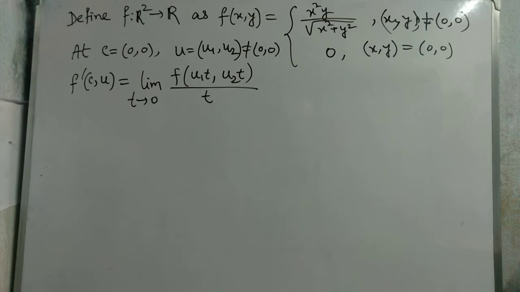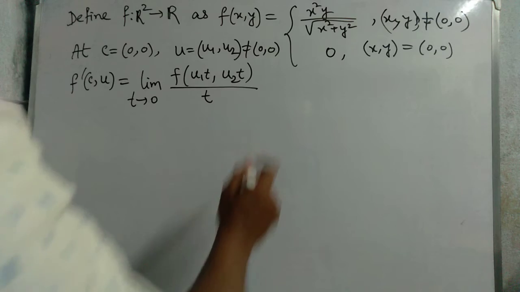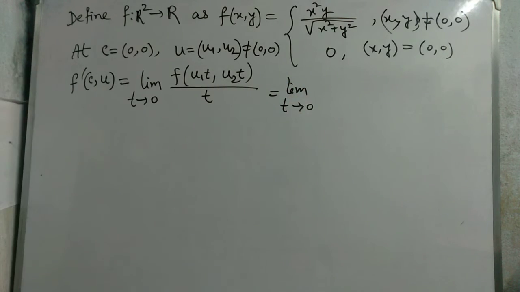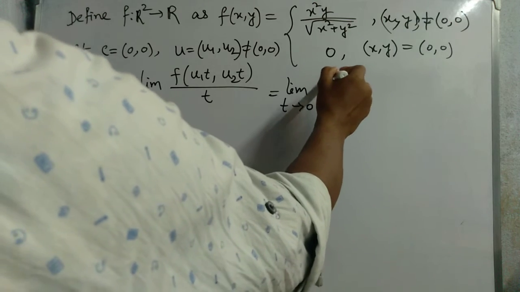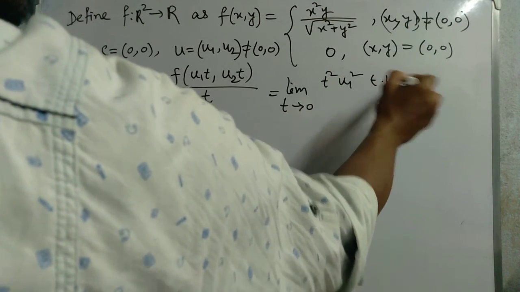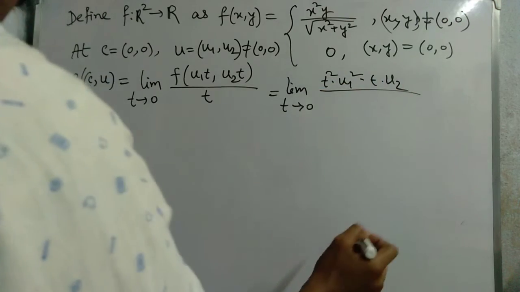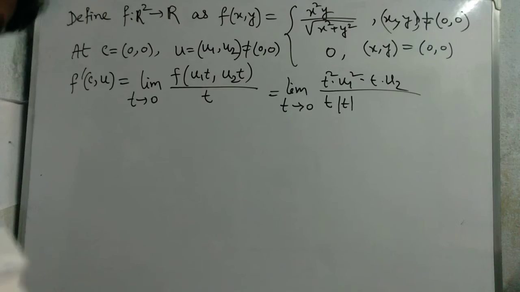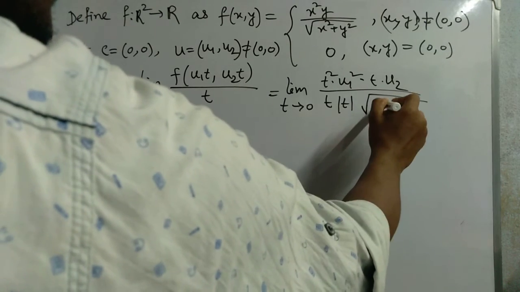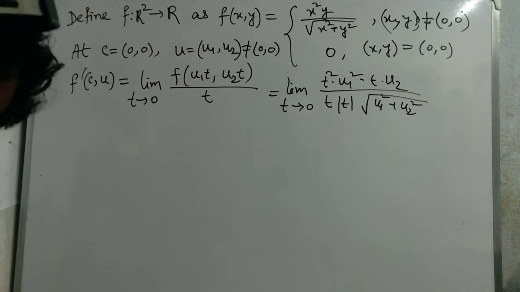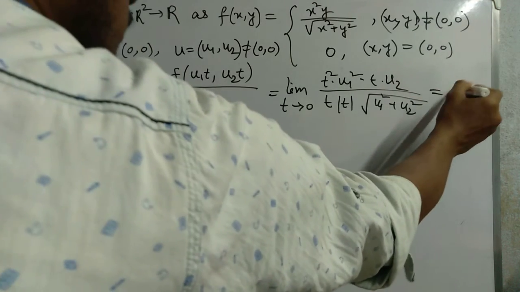Okay, then this one equals the limit as t tends to 0 of t squared u1 squared t u2 divided by t, norm t, square root of u1 squared plus u2 squared, which equals 0.